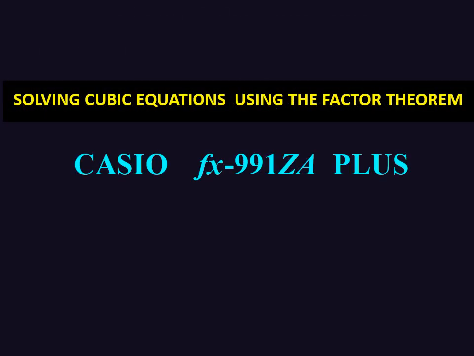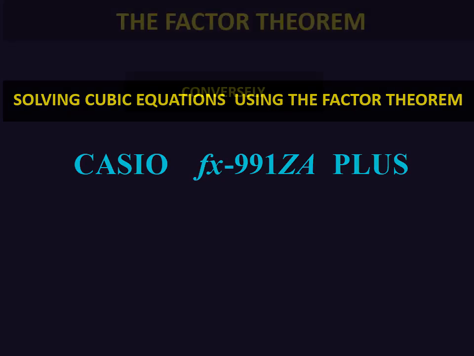Now let's see what we're going to do if we use our Casio FX-82ZA. This particular calculator is approved, so you're allowed to use it in the examination. But before we start, let's look at the factors.